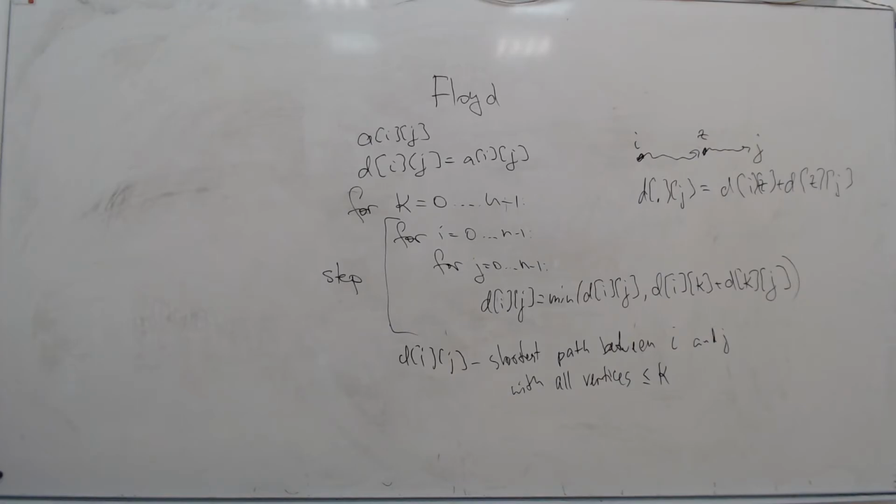So, the question: how can we find whether there exists a negative cycle in the graph?